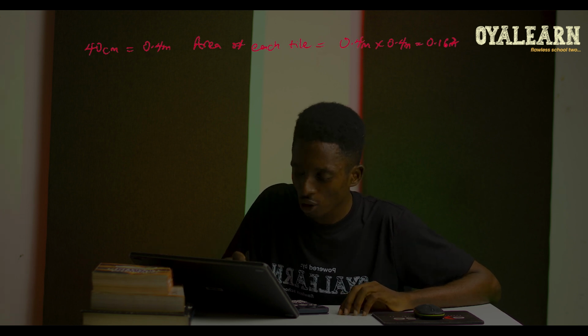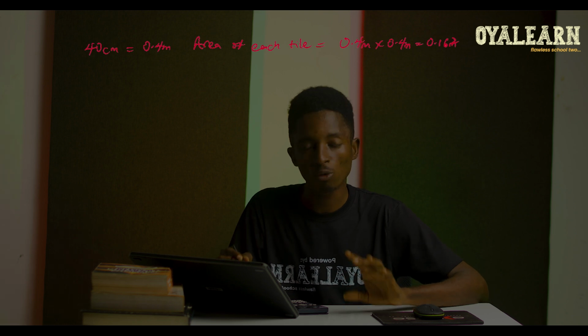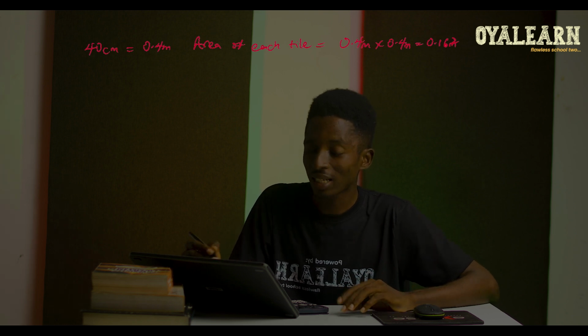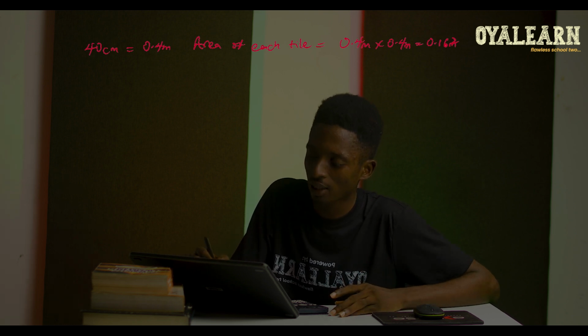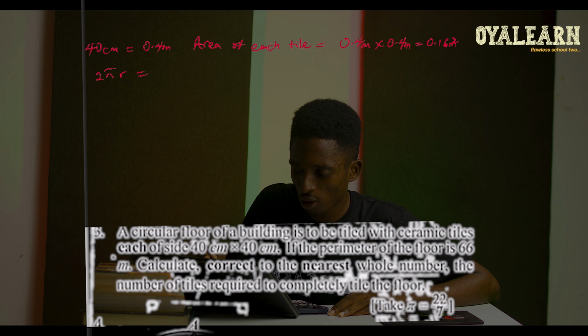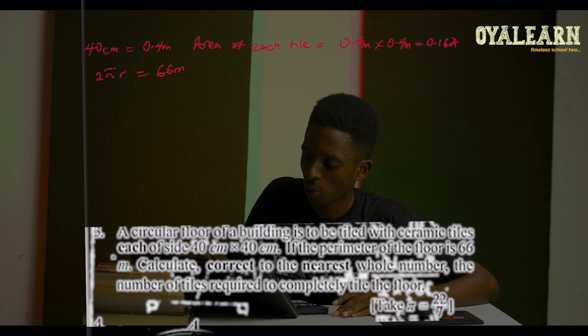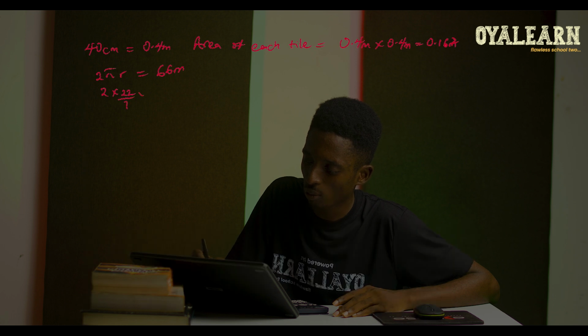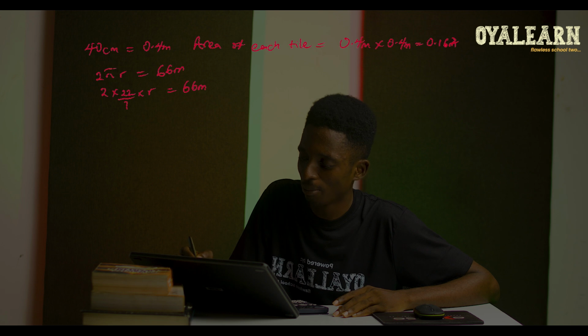Now, recall that the question tells us the perimeter of the circular floor, and perimeter is the same as circumference. So circumference is given as 2 pi r, and this equals 66 meters. Now, when we take pi as 22/7, that means we have 2 multiplied by 22/7 multiplied by r equals 66 meters.